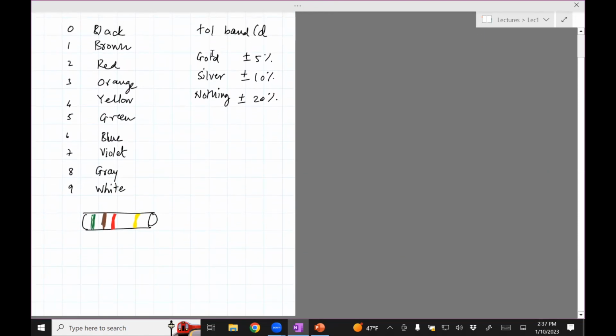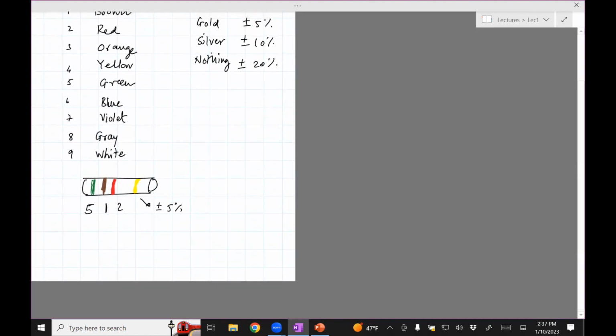Green is 5. Brown is 1. Red is 2. And gold means it's plus or minus 5%. So this value would be 51 times 10 raised to 2 plus or minus 5%, which means it is 5,100 plus or minus 5%. And that's how you'll read it.